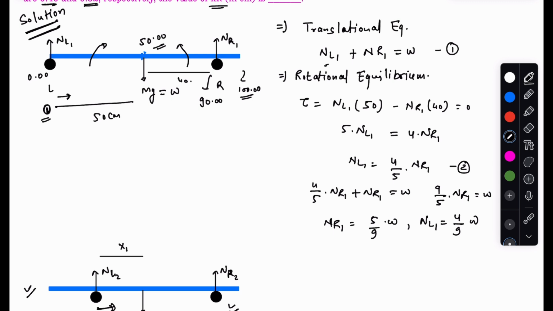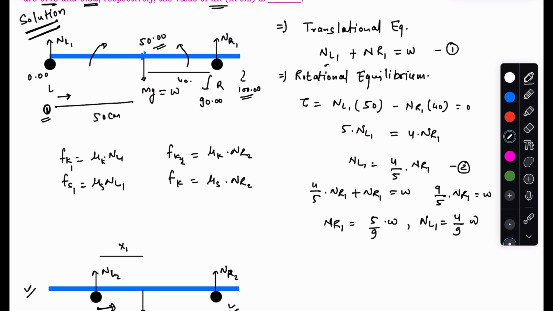Now if we calculate the friction here, the kinetic friction at place 1 will be mu kinetic times nl1, and static friction at place 1 will be mu static times nl1. The same way, if we calculate kinetic and static at place 2, this will be mu kinetic times nr2, and this will be mu static times nr2.